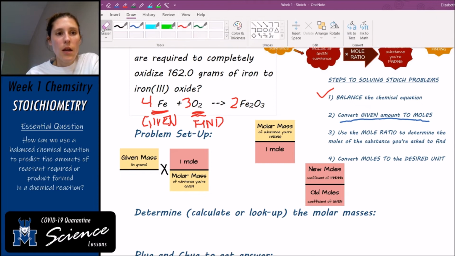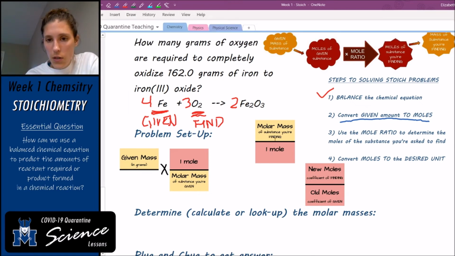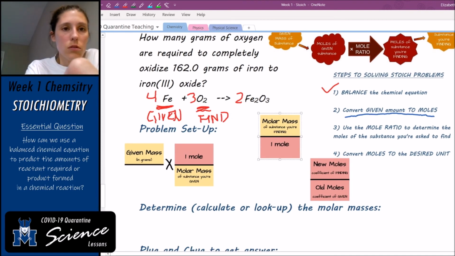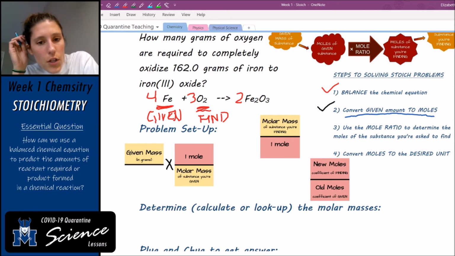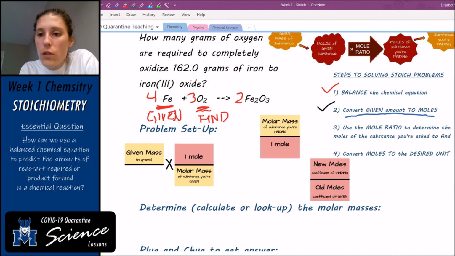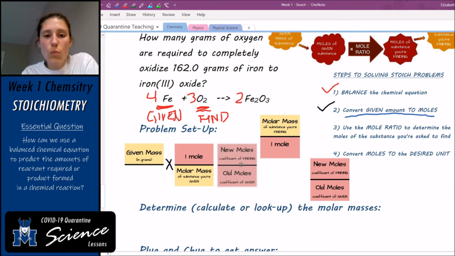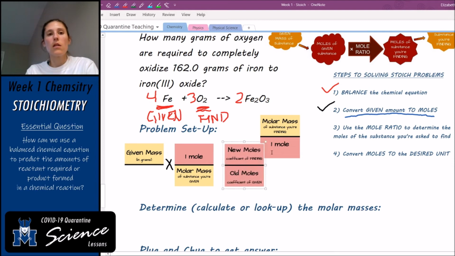The next thing I'm going to be doing is use the mole ratio. So with my problem set up, use the mole ratio to determine the moles of the substance you're asked to find. That's going to be this old mole, new mole card that you made, red on the top, red on the bottom.